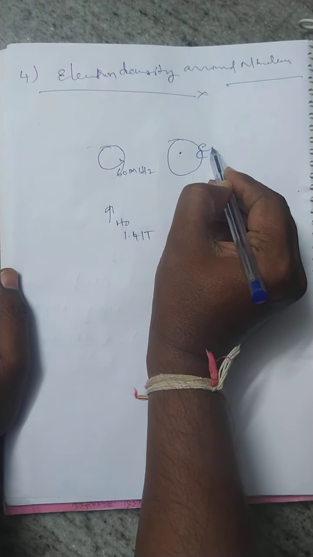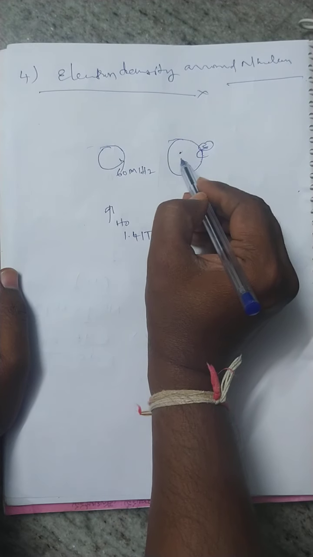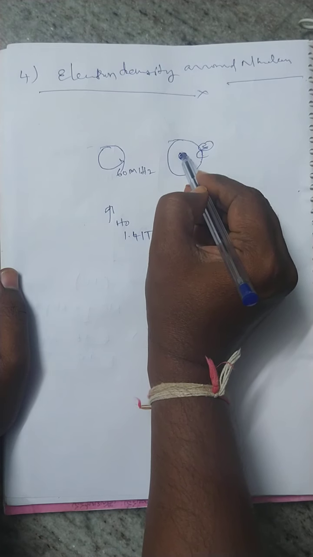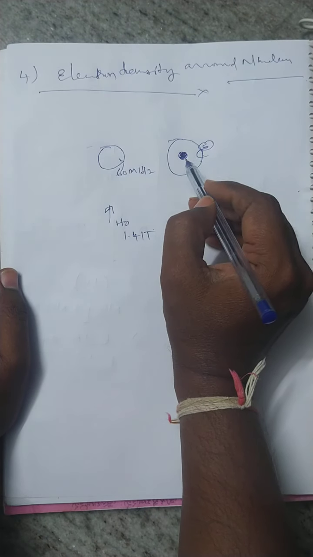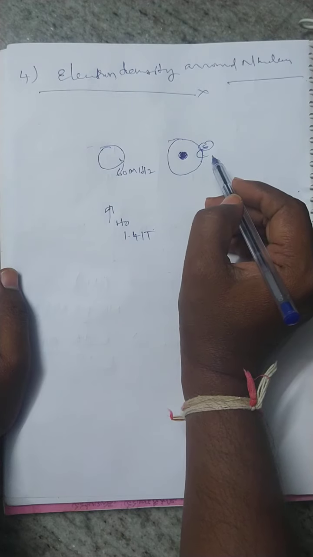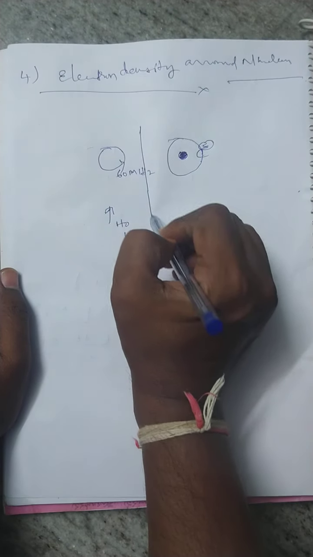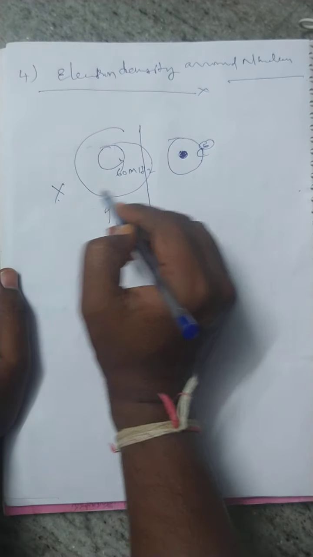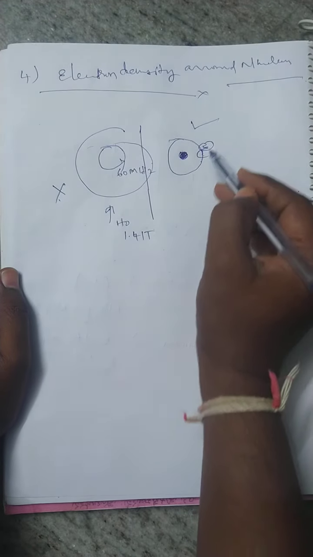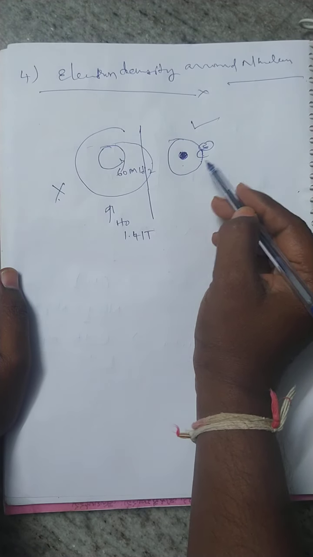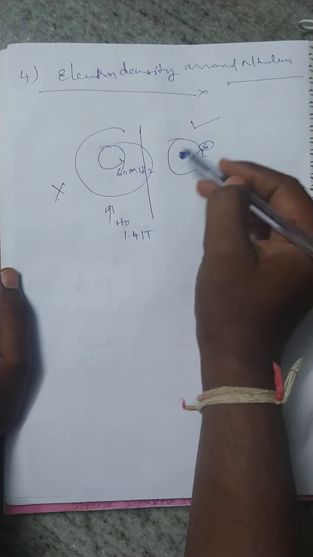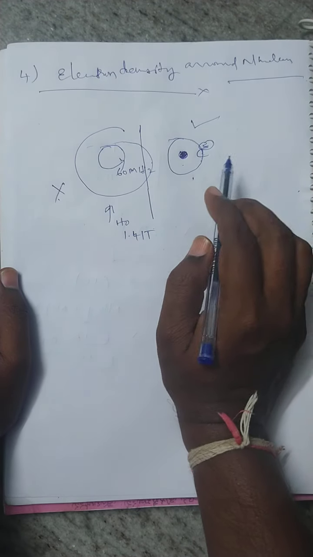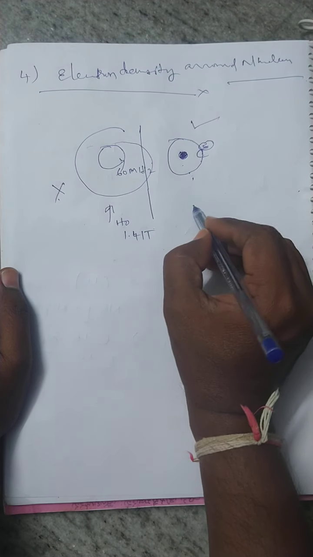In general, naturally you could not find a nucleus without electrons, right? A bare nucleus is a theoretical case, but in general it is impossible. Naturally, all nuclei will have some electrons surrounding and associated with them. So this is the natural case and this is the experimental case we have to deal with.